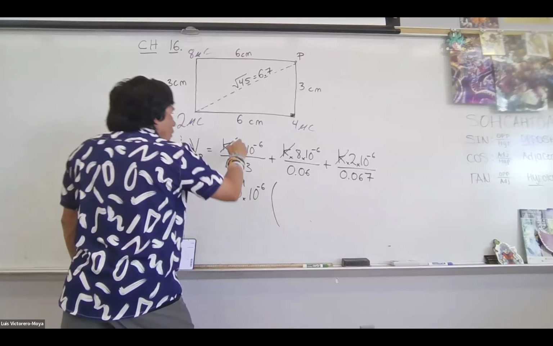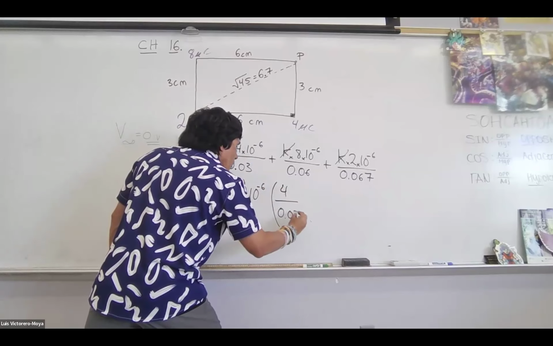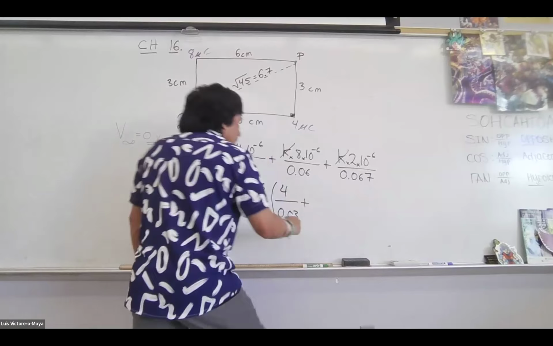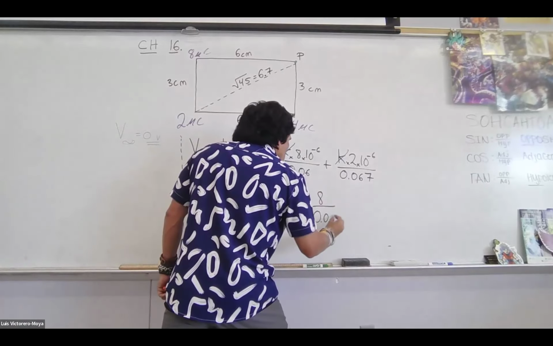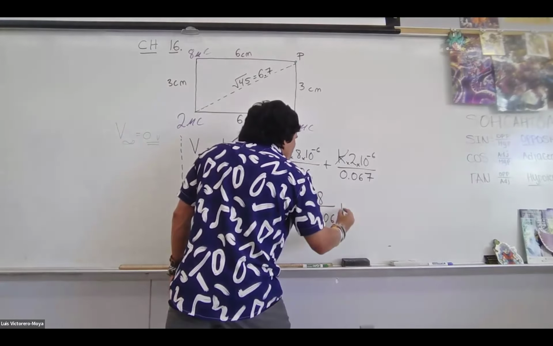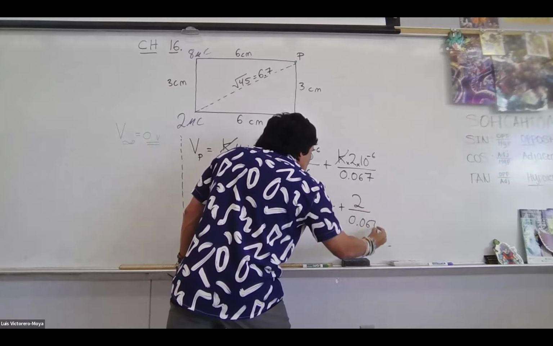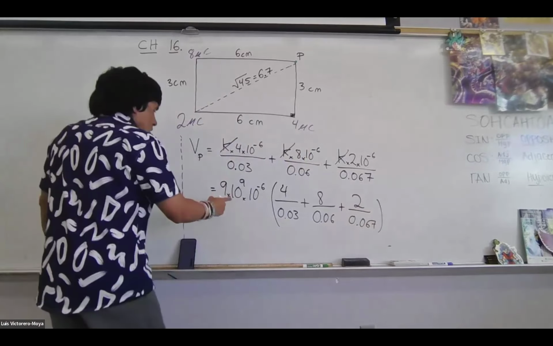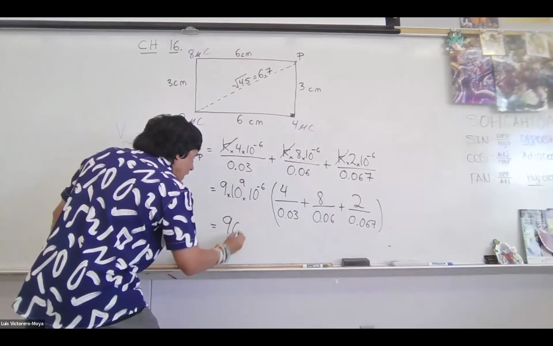And then look, 4 over 0.03 plus 8 over 0.06 plus 2 over 0.067. 9 times 10 to the 9, 10 to the negative 6. That's 9,000.